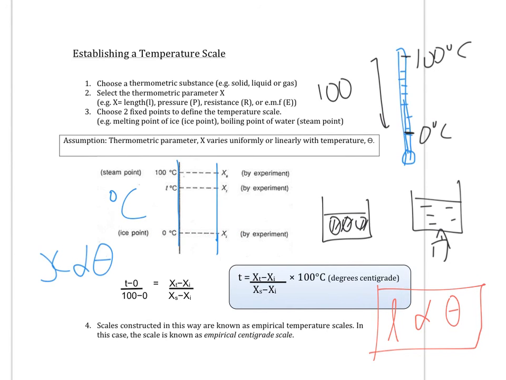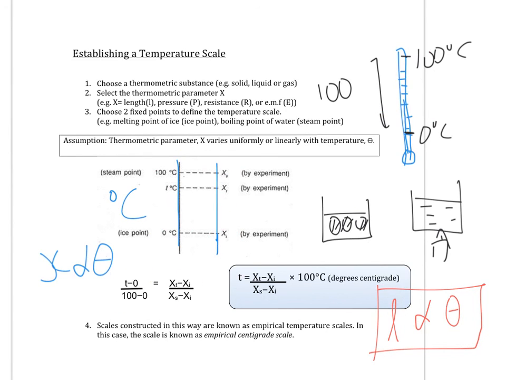Then you put the thermometer in steam, and you measure the magnitude of the thermometric property. Then you put it in the unknown temperature, and you measure the magnitude of the thermometric property. Do you realize, because they're proportional, that means this x is proportional to the theta, we can therefore say this difference over this must be equal to this difference over this, which is what we wrote here.